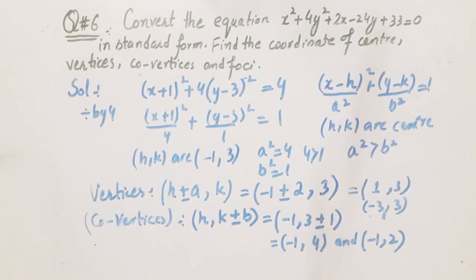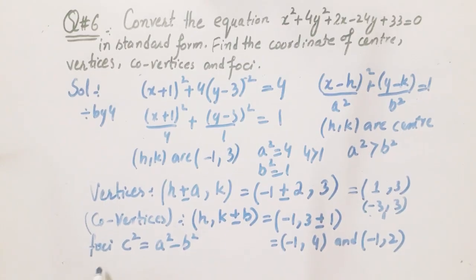Now you have to find the foci. So the formula for this is c square is equal to a square minus b square. Now c is the distance from the center to each focus.